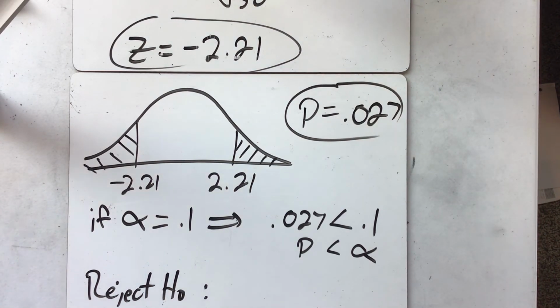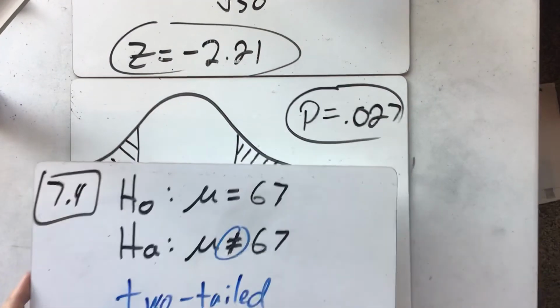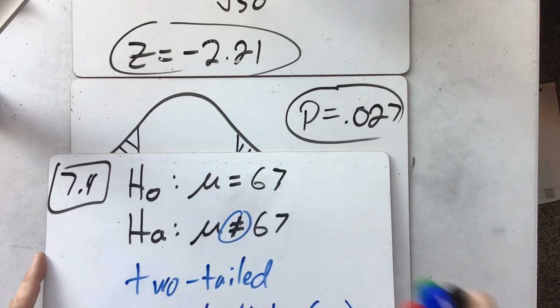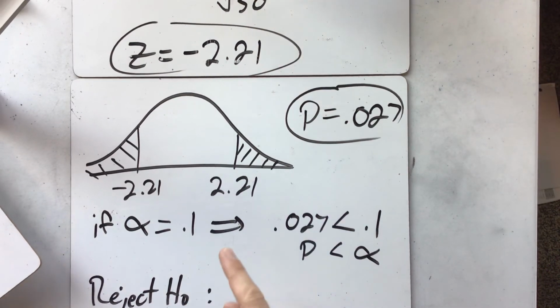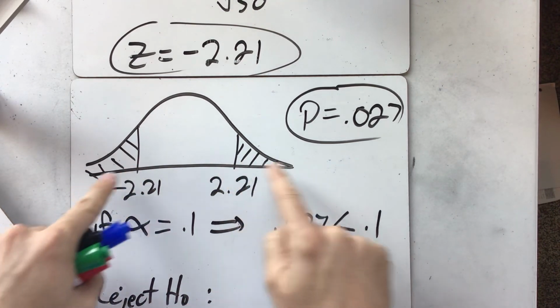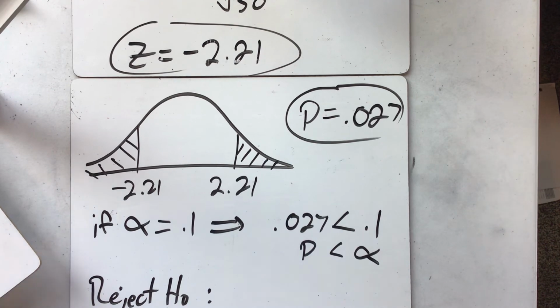So let's think a little bit about the logic here. We started with this assumption that the mean was equal to 67. We've done all this work. We found the probability of picking 50 cars and having the speed that we had, or something more excessive, is 0.027. So 2.7%.